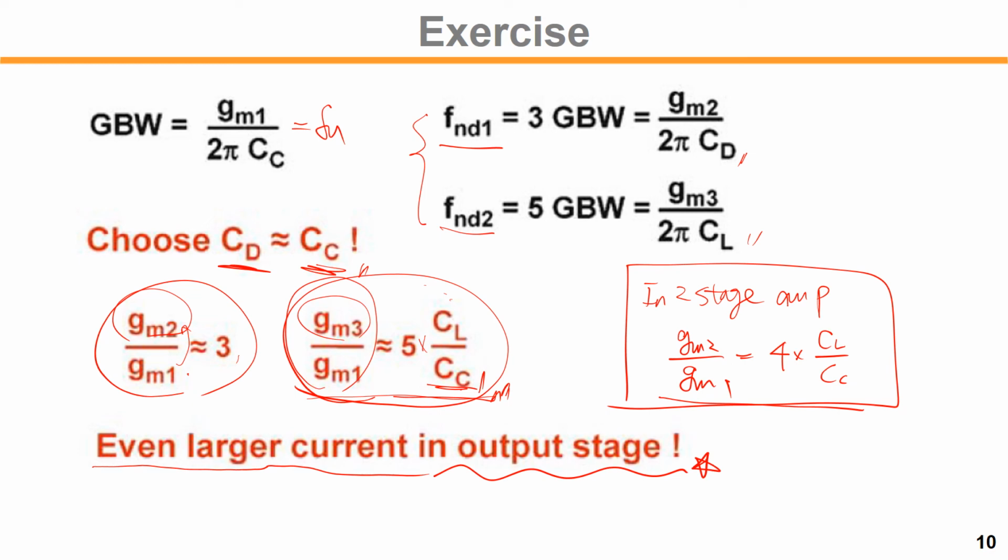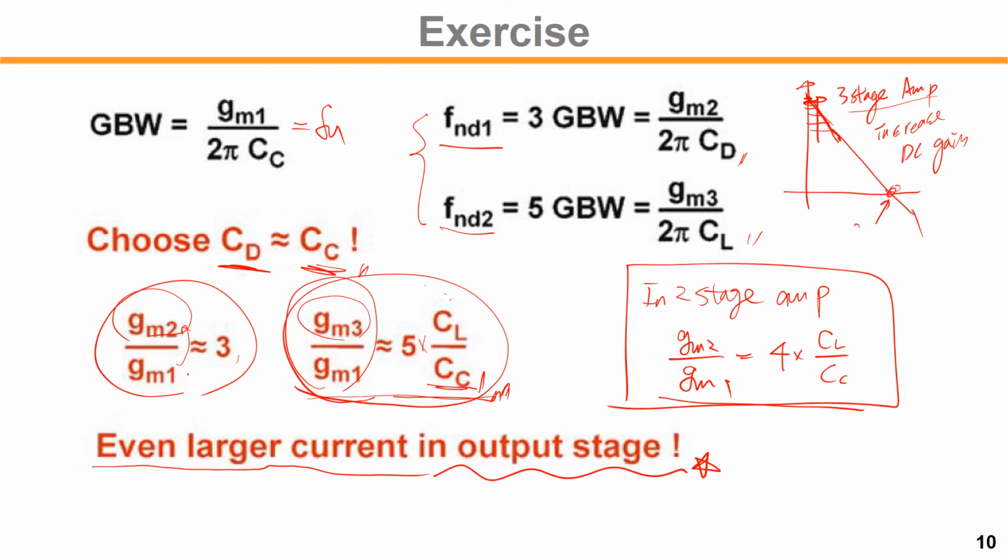Okay. So the benefit of a three-stage is that you can get a very high DC gain, right? You get the higher DC gain by having more stages. Does this three-stage amplifier improve the FU?